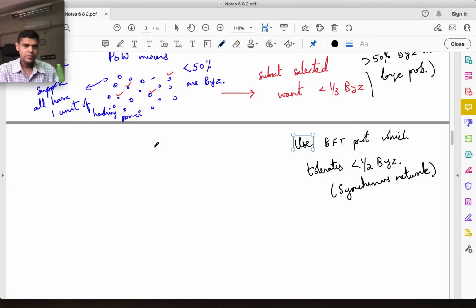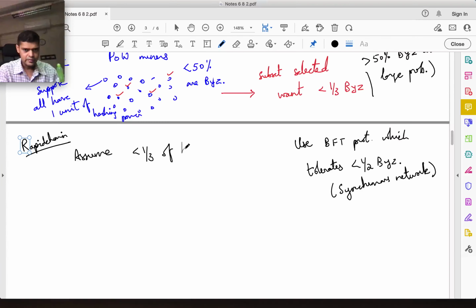Okay. So what they are going to assume is that less than 1/3 of hashing power is controlled by Byzantine nodes.